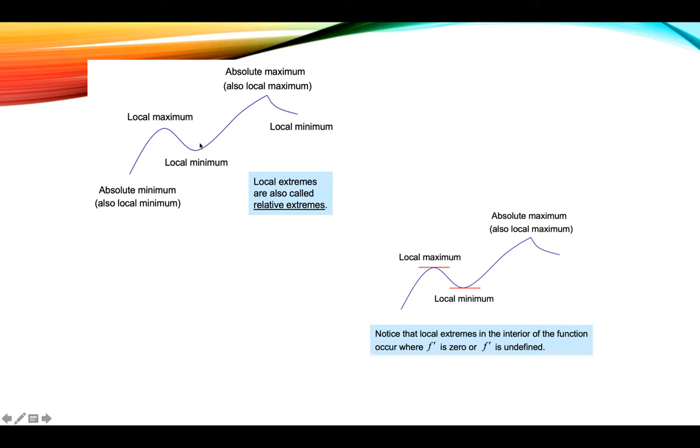The local minimum is a minimum in just its little neighborhood, but the absolute minimum is a minimum for the whole entire function. Local extremes are also called relative extremes. Notice that local extremes in the interior of the function occur where the derivative is 0 or the derivative is undefined.